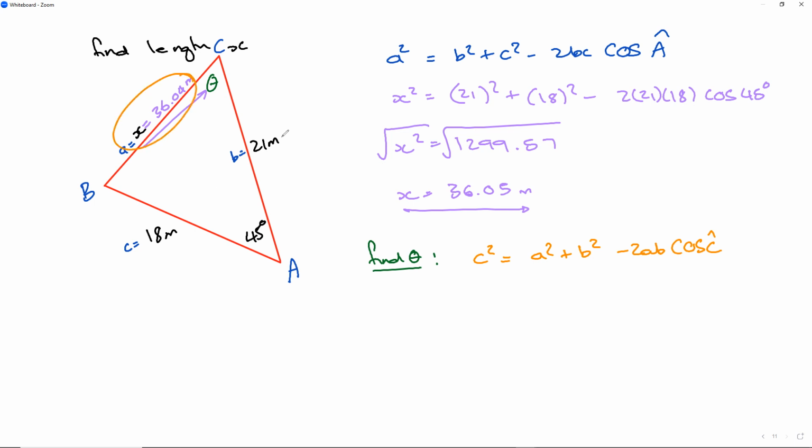Do I have all the side lengths? Yes, I do, which means I can substitute into all of those and find C. Instead of rearranging this equation, I'm just going to substitute it into this exact same equation and then solve for angle C. So C, which is small c in this case, is 18.